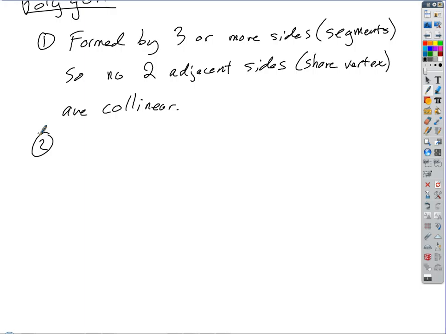How do they say this in the book? They say each vertex or each side intersects exactly two other sides, one at each endpoint, which is fine. We can say it that way.